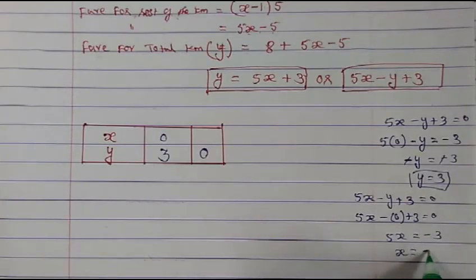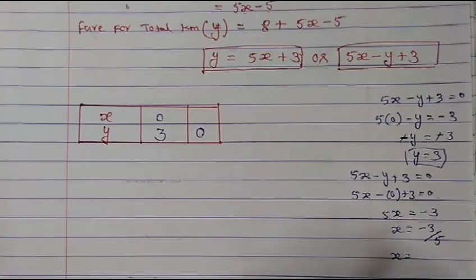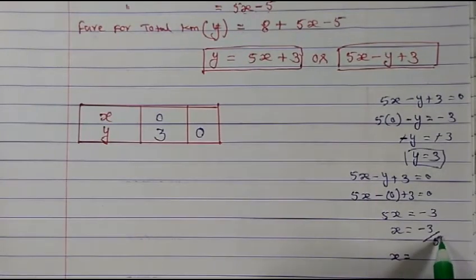So x equals minus 3 by 5, this 5 comes to this side. It will be in division, because multiplication here becomes division. If I divide 3 by 5, how many times will it get? You will get 0.6.